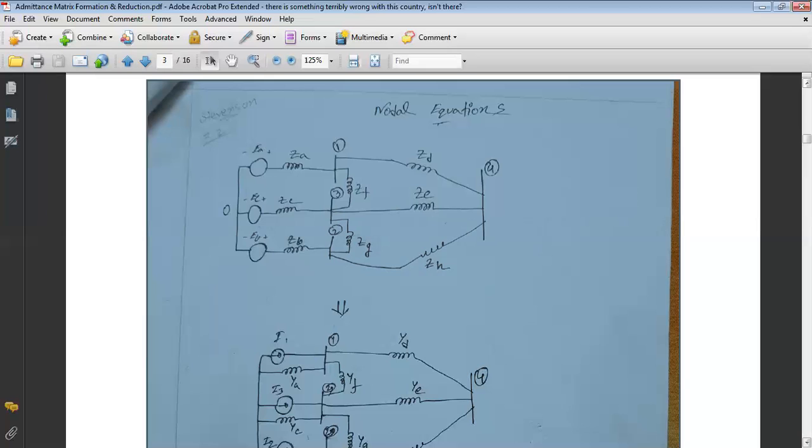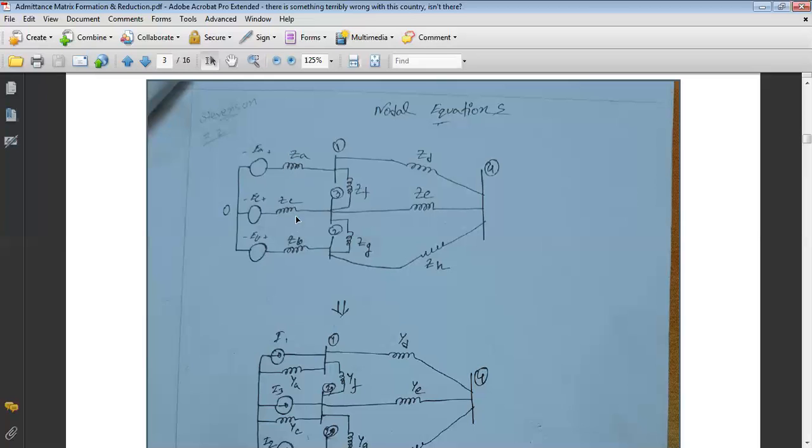If we consider the bus numbers as they are, that is 1, 3, 2, and 4, then there are 3 generators: EA, the voltage source of generator 1, connected to bus 1; the voltage source of generator 3 connected to bus 3; and the voltage source of generator 2 connected to bus 2.